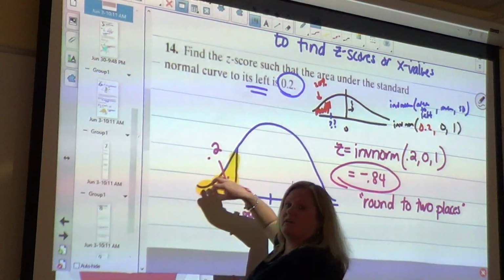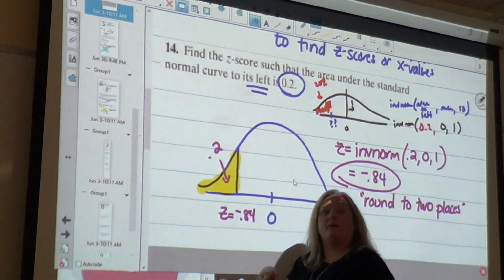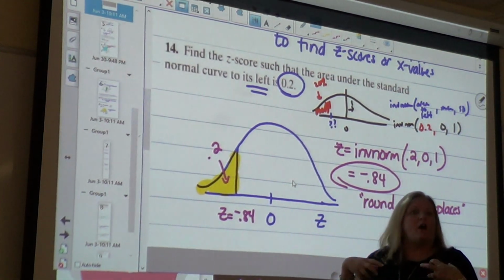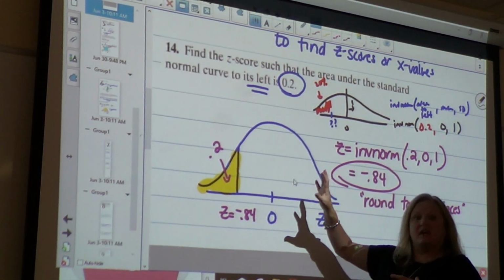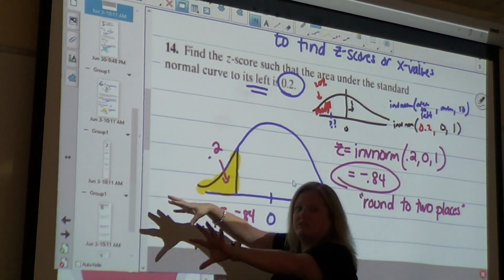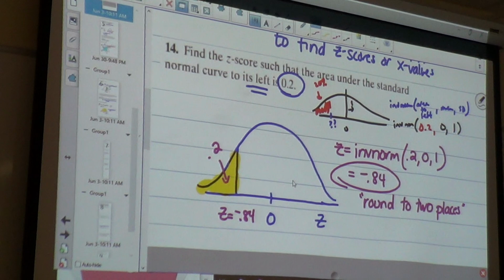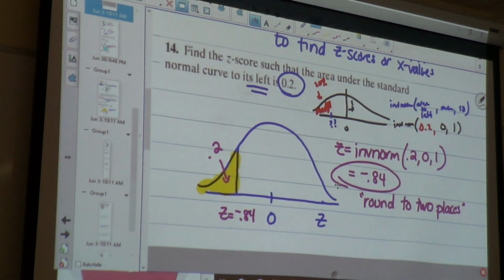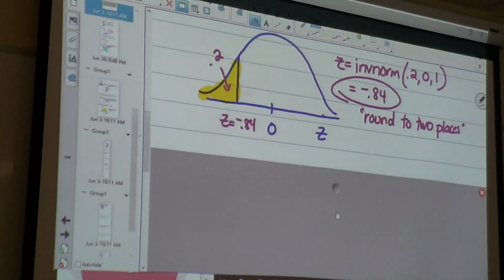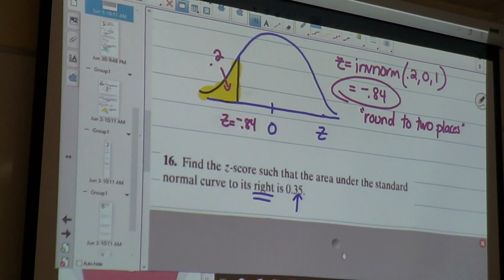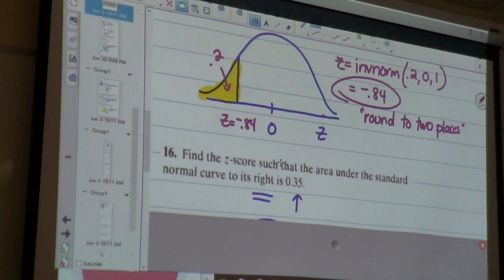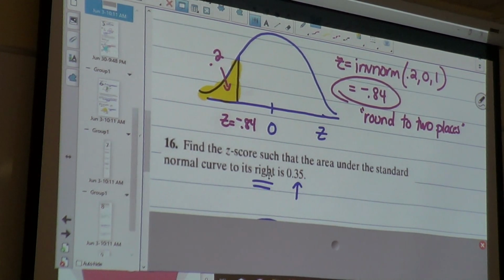Because the area under the curve is always going to be positive. Because area is always positive. But it's going to tell you that the area is either to the left or the area is to the right. And they told you that this time that it was to the left. But hint, not always. Look at that one. This time it's to the right.